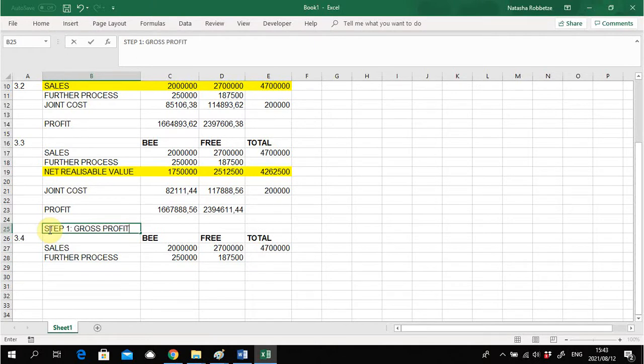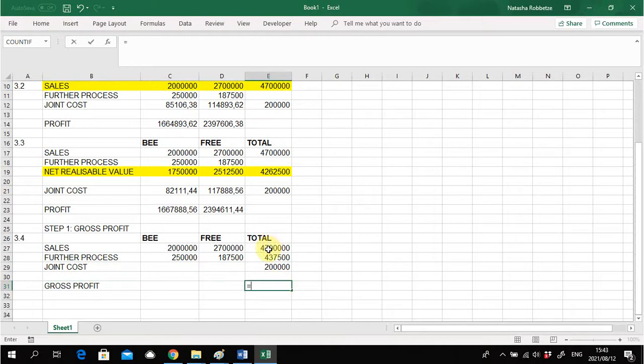So we need to get to the total of our further processing cost because the gross profit will be calculated for the whole company or for the company as a whole. And then the joint cost total is already given to us. It's 200,000. And then we can get to our gross profit, which is then the sales minus the costs.